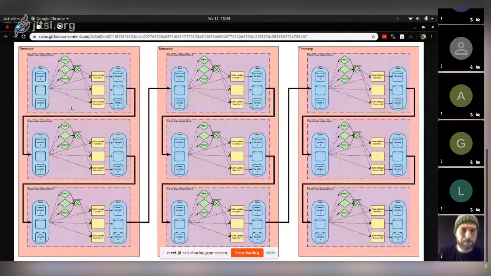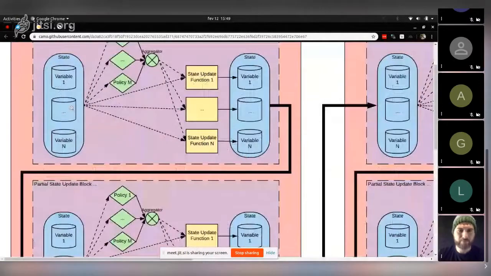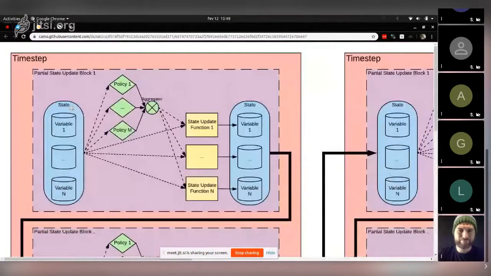And they represent, let's say, sets of things happening. So for the first partial state update block, for example, you have a series of policies. Policies represent laws of nature. They represent laws that do transformations to the state variables. And they all happen at once.